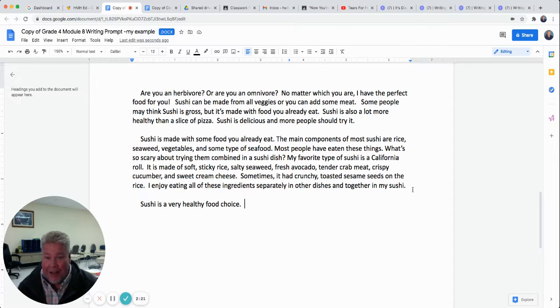You can't paste what somebody else wrote for your paragraph because that would be cheating. So don't do that. You won't be able to do that when you're doing the writing prompt next week. You have to come with your own ideas. So I'm not going to do that because I know I can't do it next week when I'm doing the writing prompt. So I'll just use what I know and can talk about.